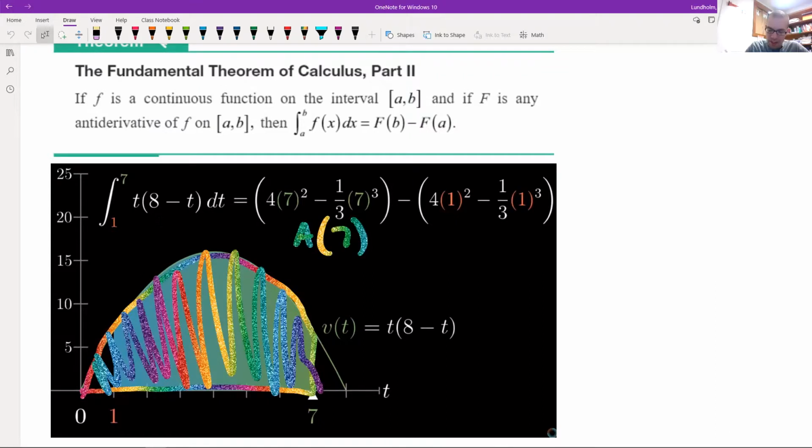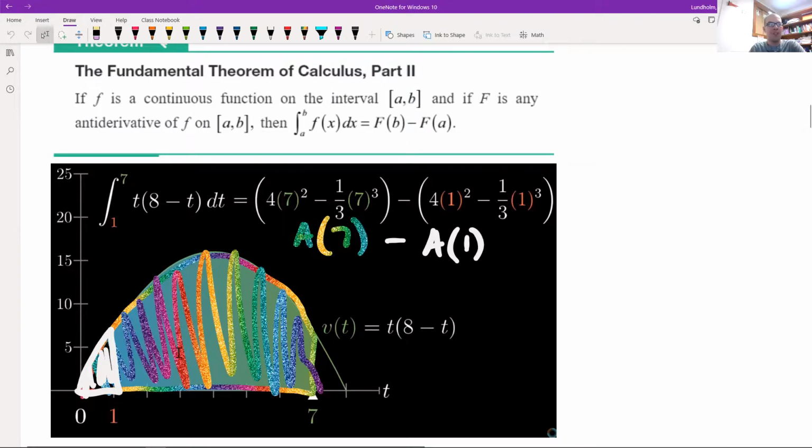And then in order to get the area that we're interested in, we'd have to subtract off the area function evaluated at 1, so that all we're left with is the part that we wanted. So in order to get this definite integral using the fundamental theorem of calculus part 2, we end up subtracting evaluated area functions: an area function evaluated at 7 and an area function evaluated at 1.